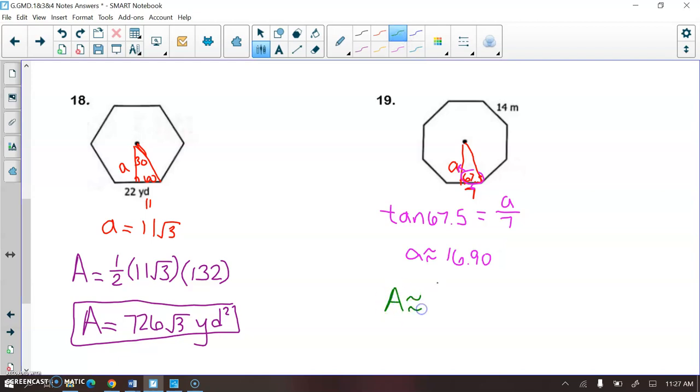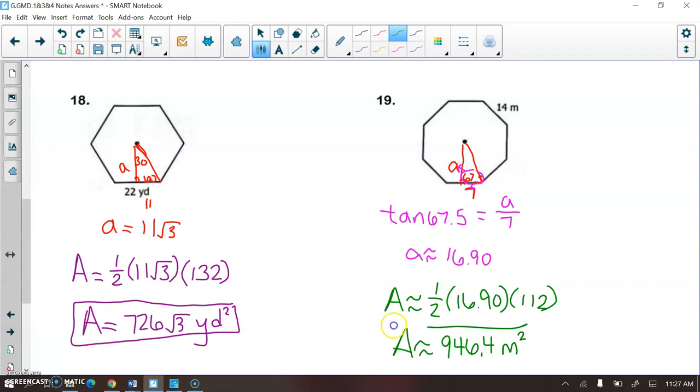It's going to be rounded. 1/2 times my apothem times my perimeter, which is 14 times 8, or 112. So 112 times 16.9 times 1/2, or divided by 2, is approximately equal to 946.4 meters squared.